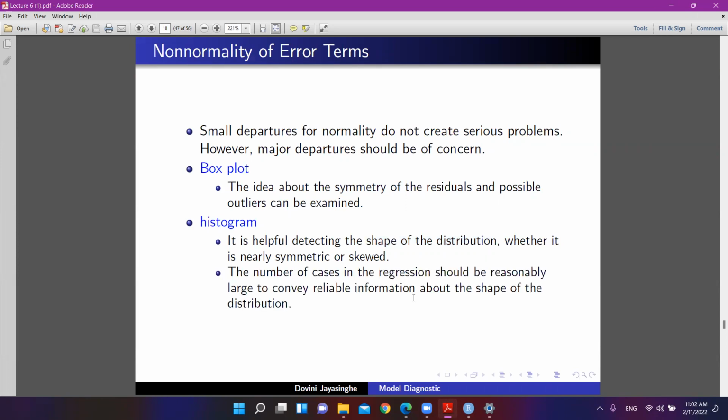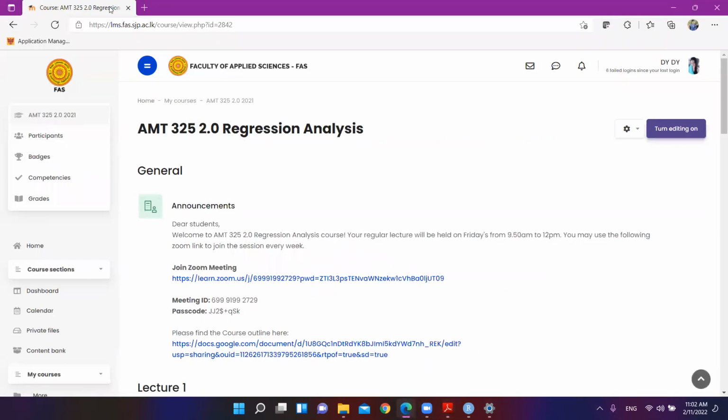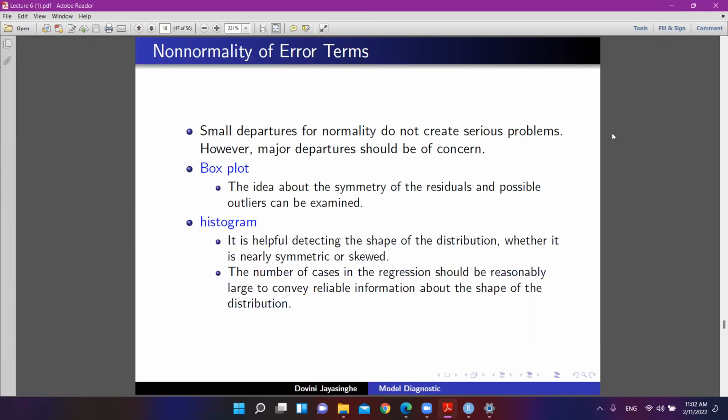The number of cases in regression should be reasonably large to convey reliable information about the shape of the distribution. That is something clear, right? Because if you have a histogram with very large boxes, you cannot think of a shape.